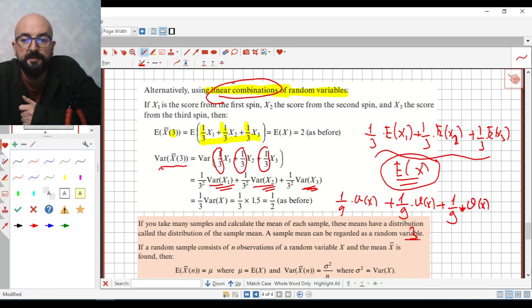It means 3 over 9 the variance of x, means 1 over 3 the variance of x.